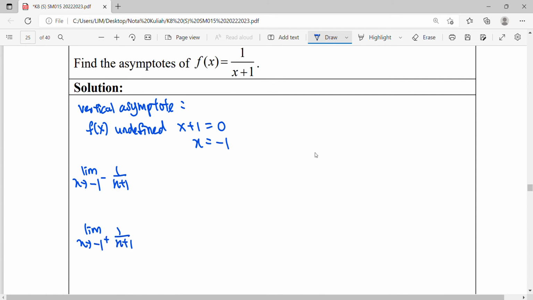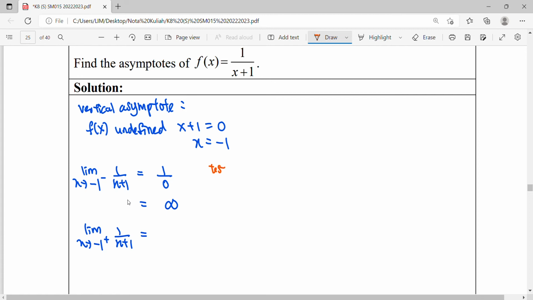Okay, so cari. Kira. Ingat tak macam mana nak kira one-sided limit ni. Masukkan nilai saja, betul? Masukkan nilai, kamu akan dapat 1/0. 1/0 jawapan dia infinity. So whether positive or negative infinity, you have to test your value. So what's your test value here?